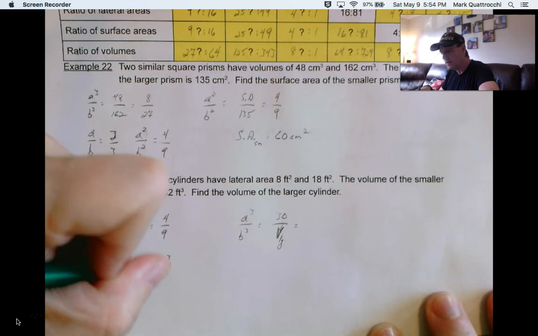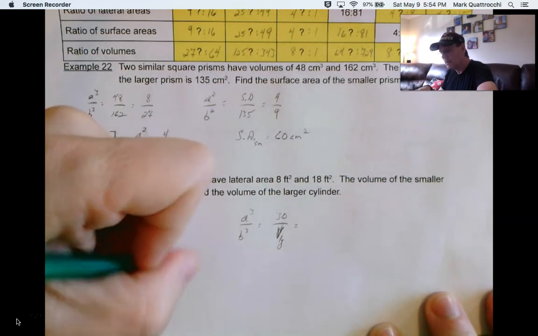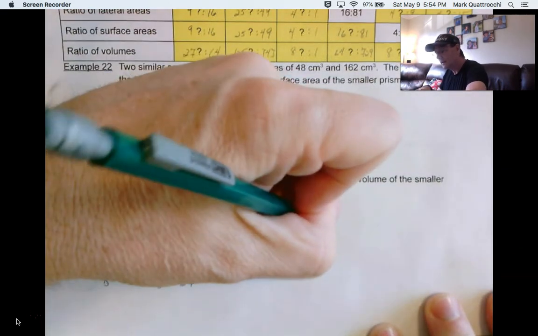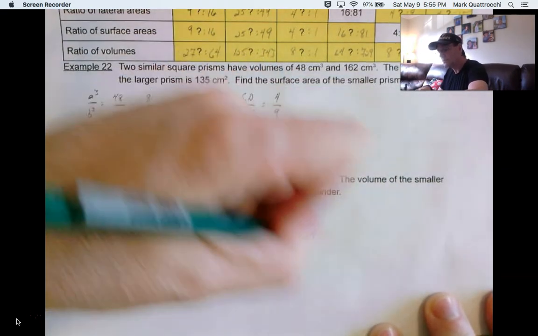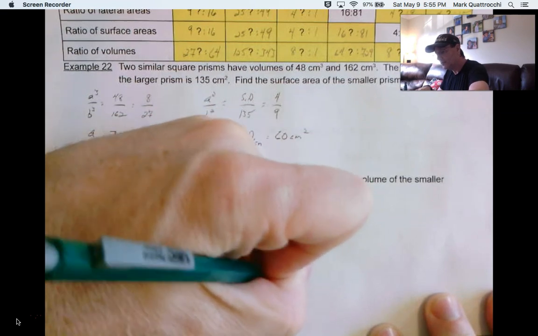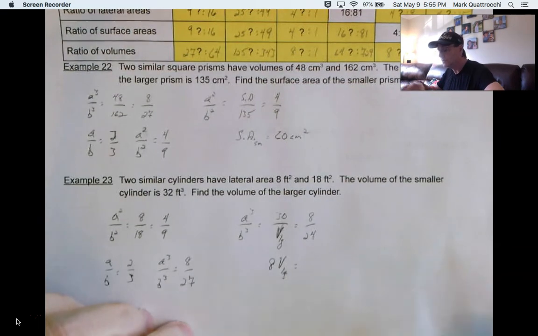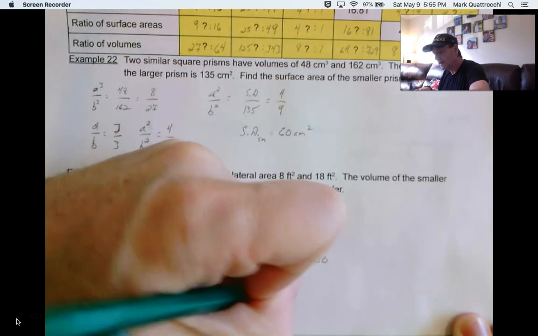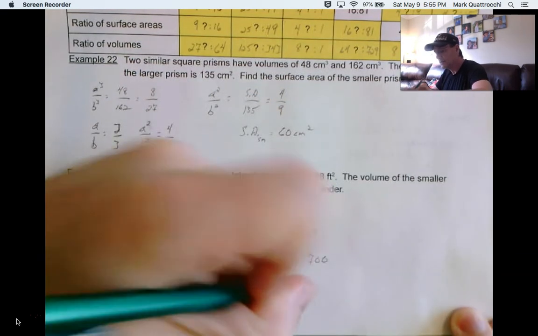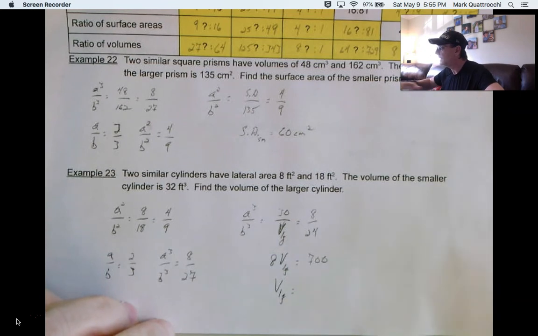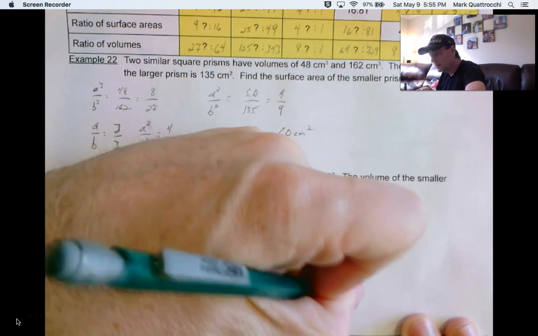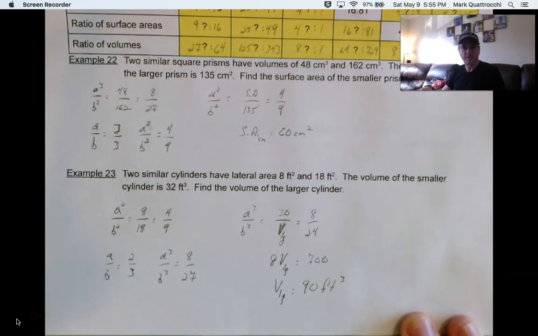So the A cubed to B cubed ratio is 8 to 27. Cross multiply. 8 times the volume of the larger is equal to 27 times 32, 864. Divided by 8, the volume of the larger is going to be 108 cubic feet.